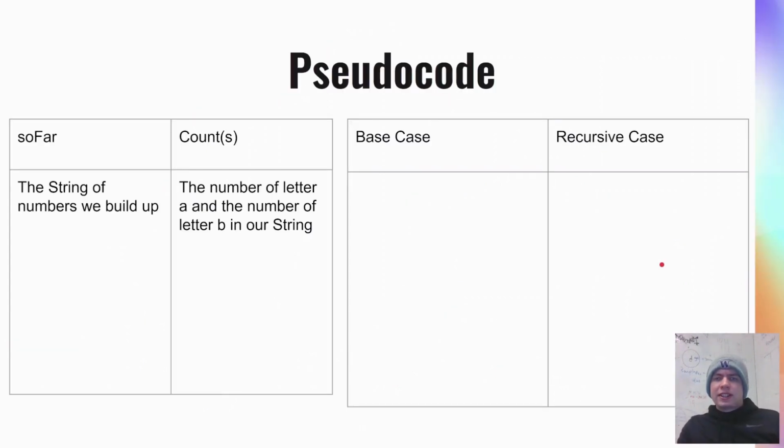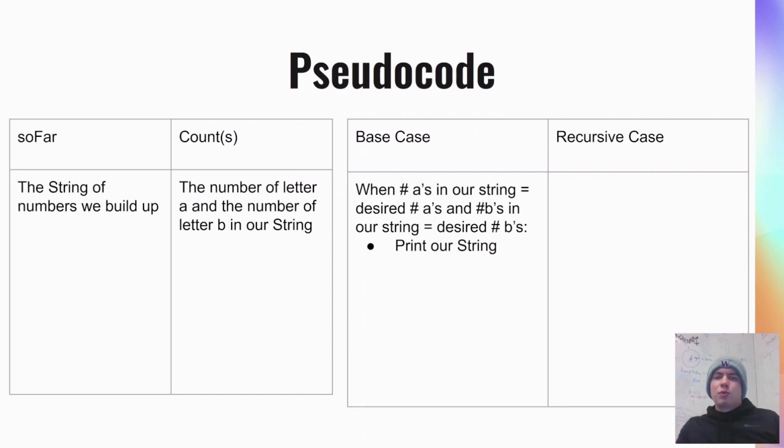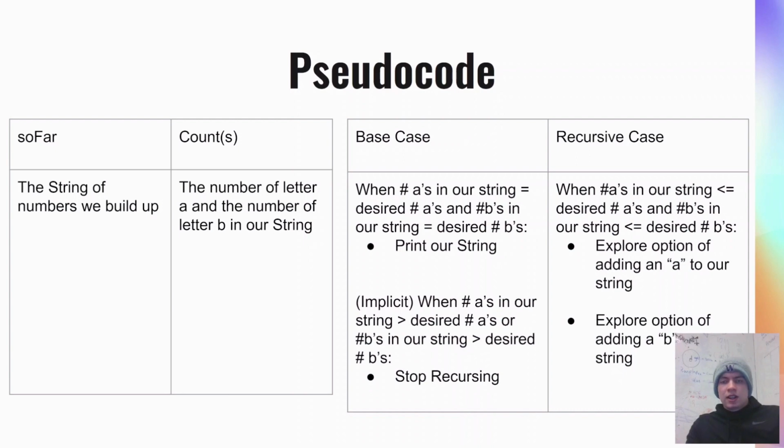So this is our counts. And from here, let's try to derive our base and recursive cases. So our base case is when the number of A's in our string is equal to the desired number of A's, and the number of B's in our string is equal to the desired number of B's. Then we can print. For our implicit base case, when the number of A's in our string was greater than the desired number of A's, or the number of B's in our string was greater than the desired number of B's, we should stop recursing.